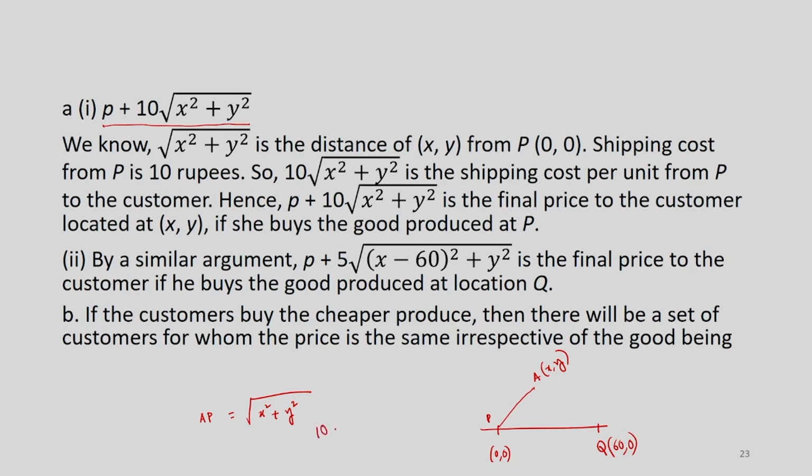What is the meaning of 10? 10 is the shipping cost from P to A. Remember, P is a production facility. So, from there the good is going to be shipped to point A, and the cost of shipping per unit, let us say per kilometer, is 10. Total distance is this much. So, 10 multiplied by this is the shipping cost.